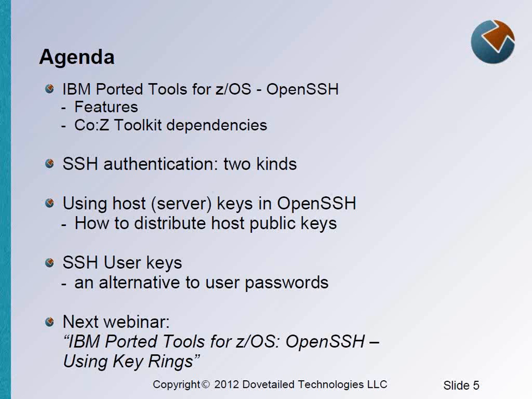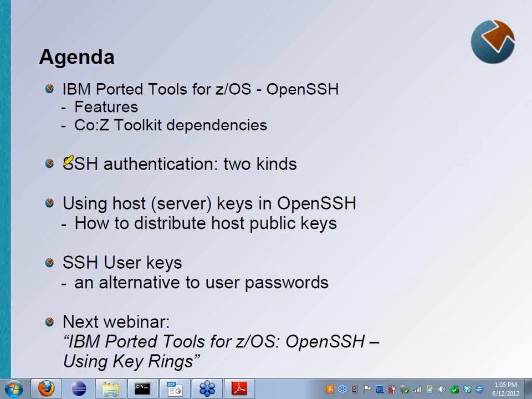But the main focus of today is SSH authentication. There are two kinds of authentication. There's what some people refer to as mutual authentication, so we're going to look at using keys to authenticate the host, the server you're connecting to with OpenSSH.